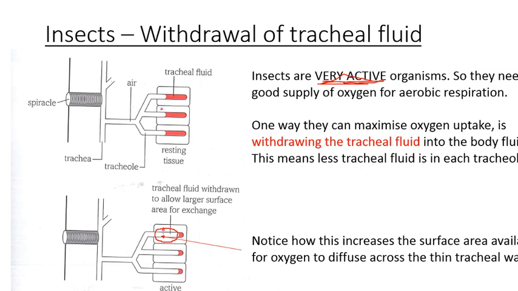So yeah, oxygen will obviously diffuse into the tracheal fluid, but it also can diffuse into the cells nearby. So the more space, the more fluid, the more diffusion into those active tissues.